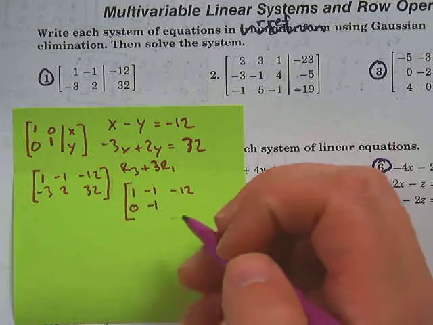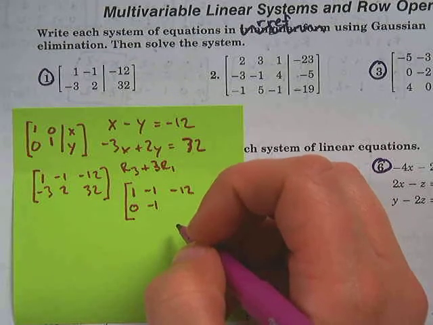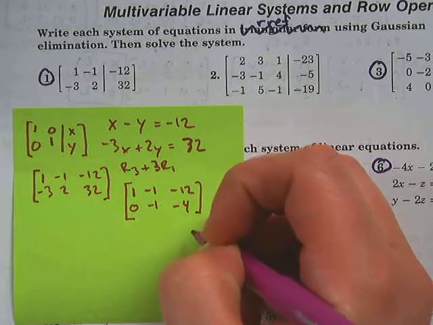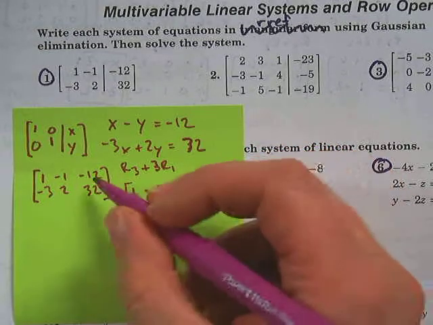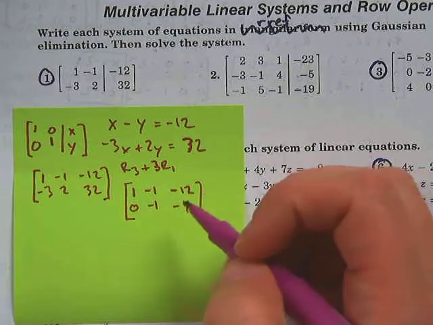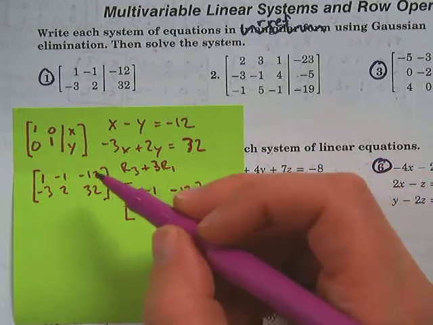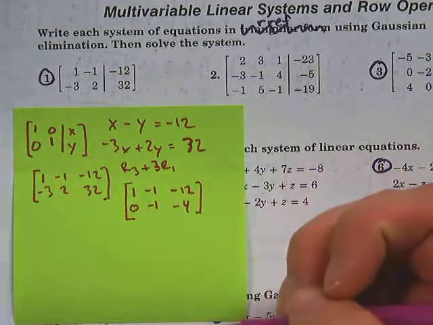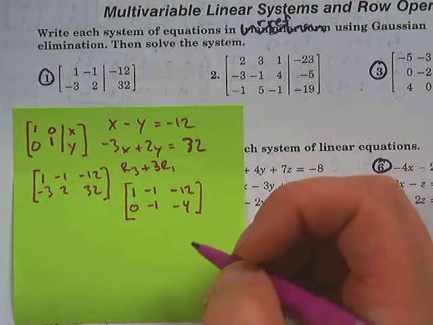And 32 plus 3 times negative 12, my goodness. Yeah, so that's negative 36, and 32 gives us negative 4.